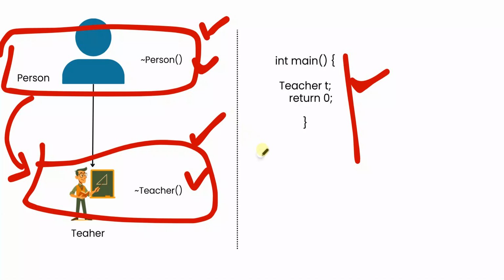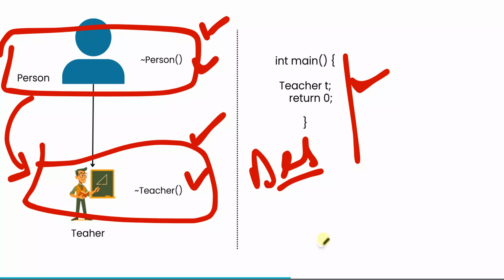Keeping in mind the purpose of the destructor, we want to destroy the object, we want to release the memory, we want to release the resources which were allotted to all the objects in the life cycle. In the constructor you allot the resources to the object, and in the destructor you get these resources back.